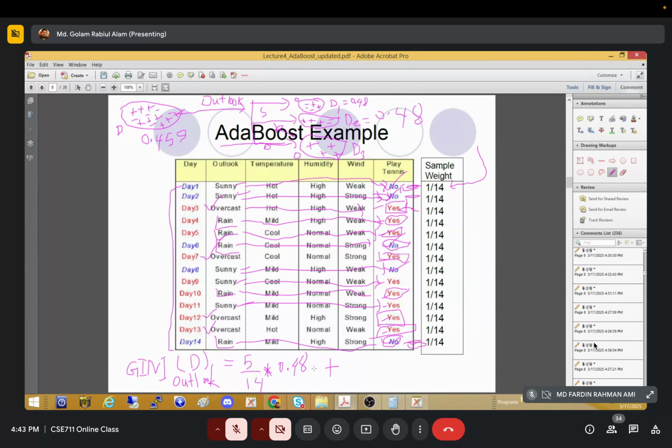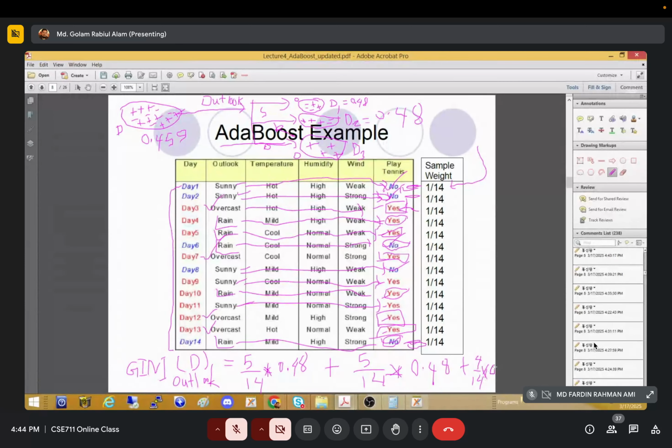Plus the Gini impurity of D2, which is 0.48, but how many elements in D2? We have the same, 5 elements out of the 14, and then times the Gini impurity of D2, which is 0.48 also, plus the Gini impurity of D3. How many elements in D3? There are 4 elements in D3 out of the 14, and the Gini impurity of D3 is 0.